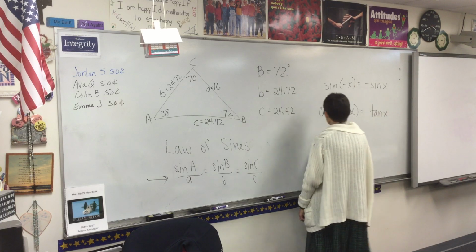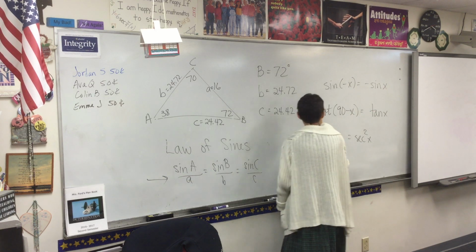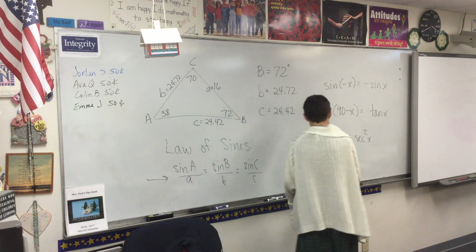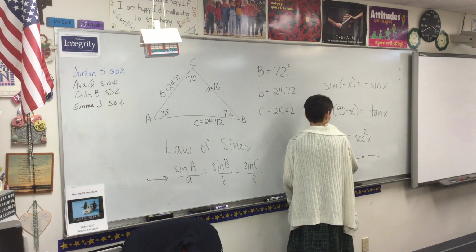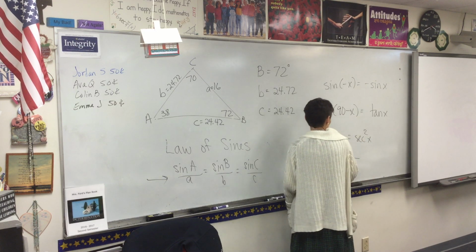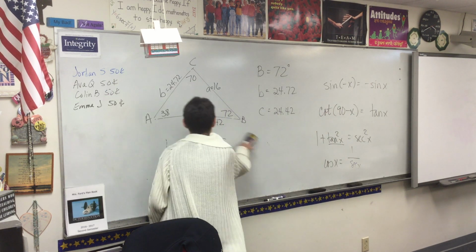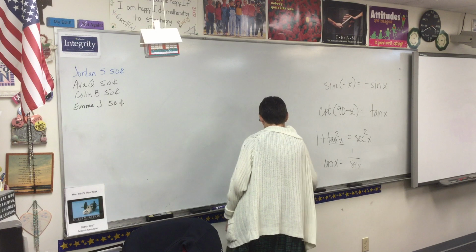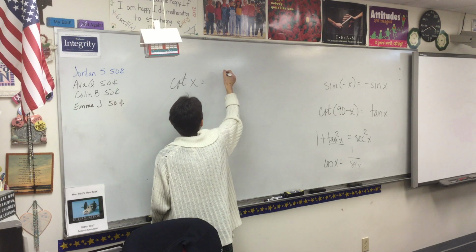Tan x, that's a co-function. Very good. That's tangent squared. 1 plus tangent squared is secant squared. What's that? 1 over secant. Good. I meant to write cotangent. What's cotangent?